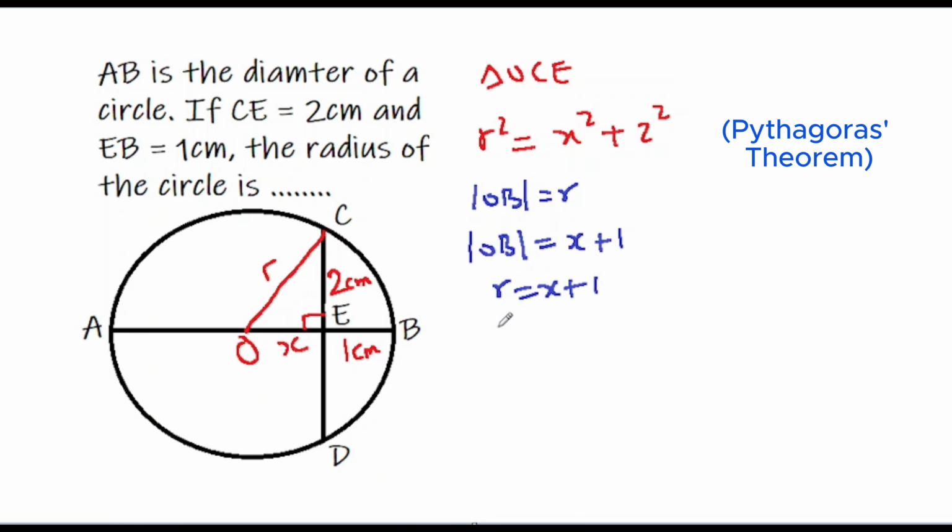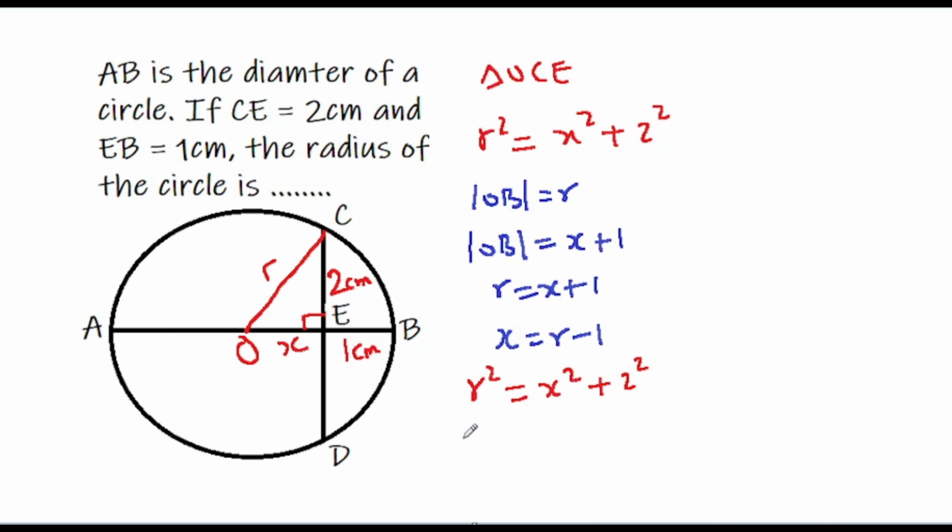So what's our x now? Our x is going to be r minus 1. So that means that wherever we see our x, we are going to replace it with r minus 1. So let's go back to our original equation. Recall that we have r squared equals x squared plus 2 squared.